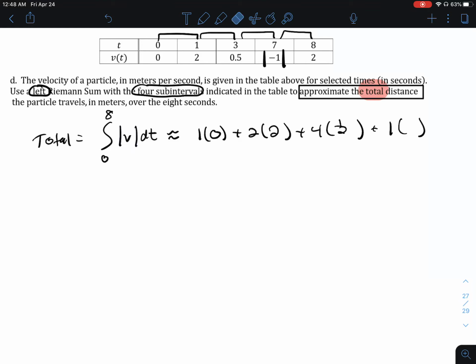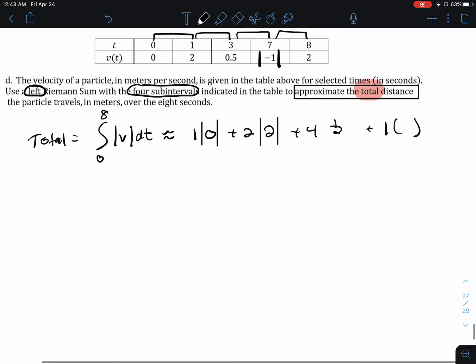Now, what I could do to make this more clear, instead of having these parentheses here, I could say the absolute value of the velocities. Or you could just leave the parentheses how I had them and just know that that -1, when you put it in, should be a positive 1.